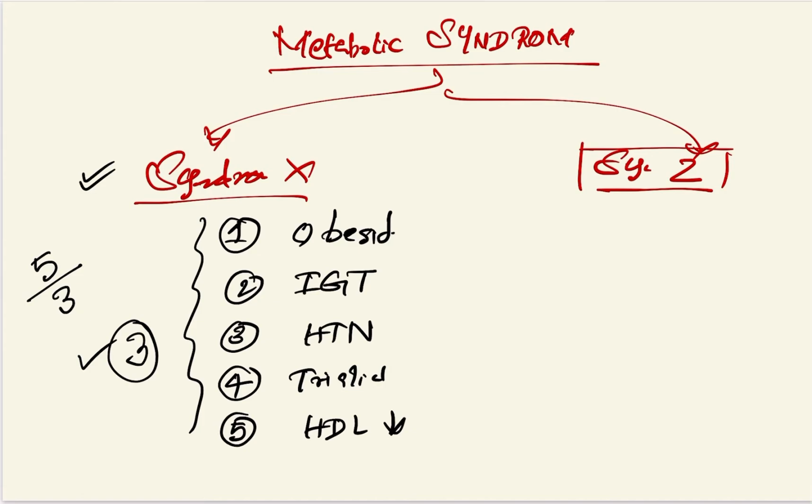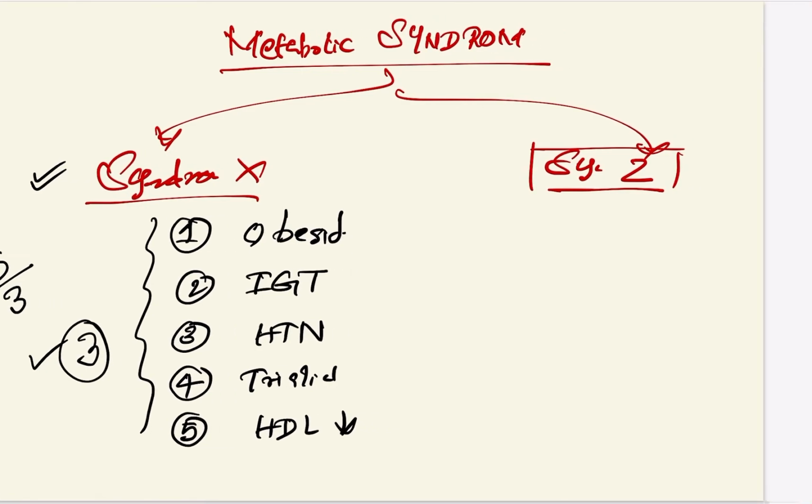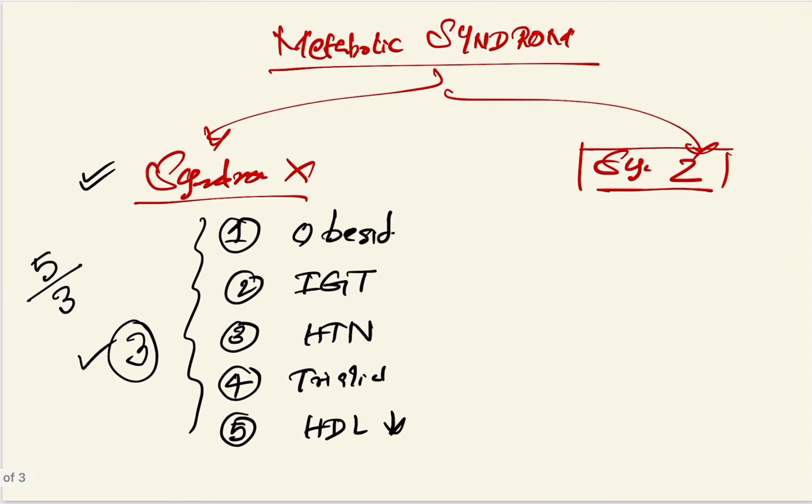X syndrome. Before going into detail, we have to know the parameters, the actual values of each of these conditions, to fulfill the criteria. The first criterion is central obesity.